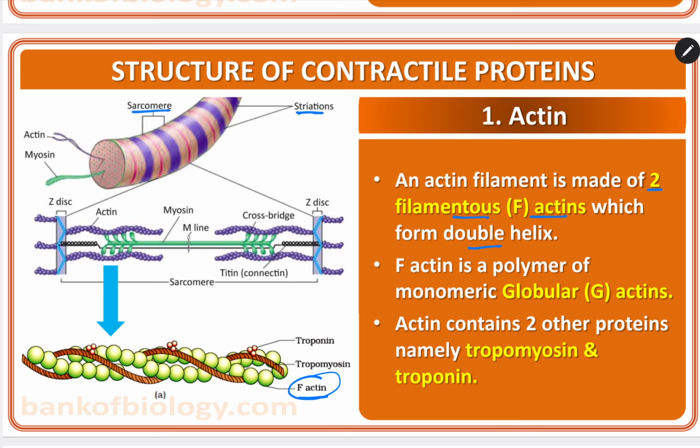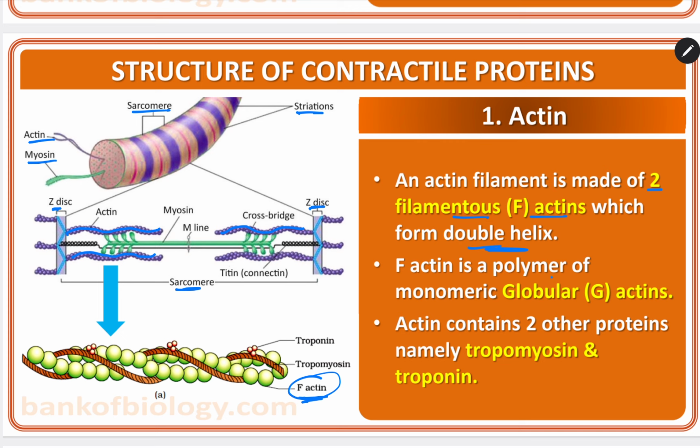Sarcomere, striations, actin and myosin, and zooming this portion, sarcomere zooming, and this is Z line. As you can see, it is sarcomere, and how the actin filaments are arranged like this, in a double helix manner, as it is mentioned here. And F actin is filamentous actin.